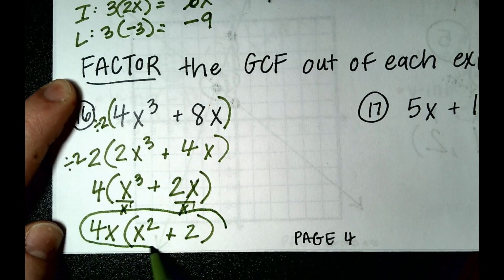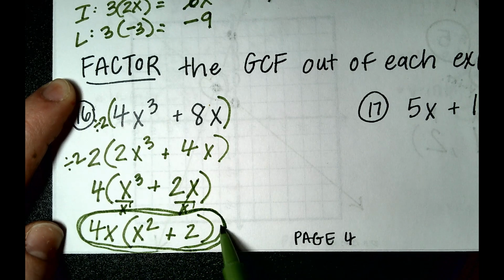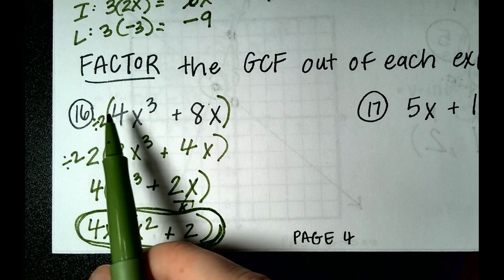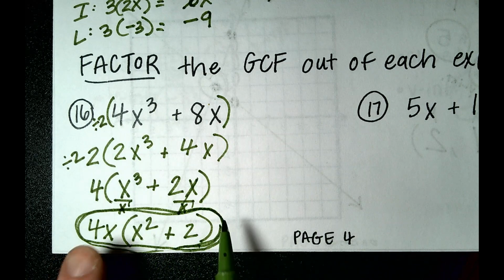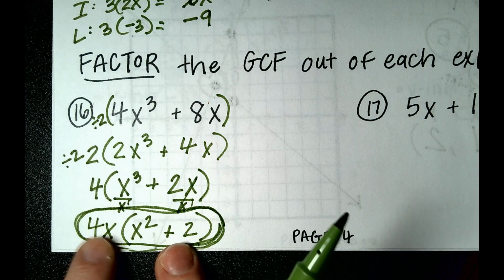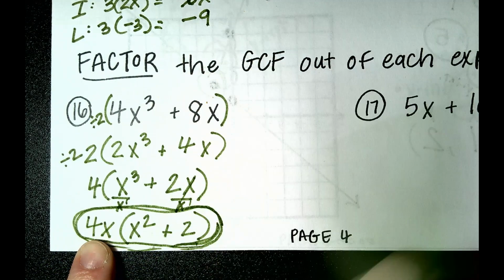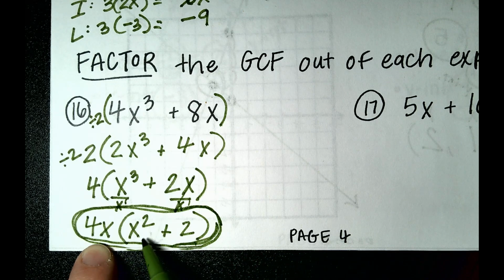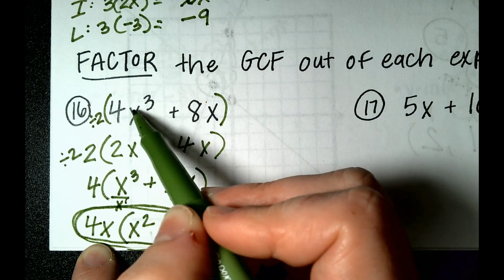Okay, so what we're trying to see here, whenever I say factor, basically what we've done is we've gone from this original expression and then broken it down into the two things that when I multiply these, I get my original expression again. So watch this. What is 4x times x squared if I distribute? 4x.